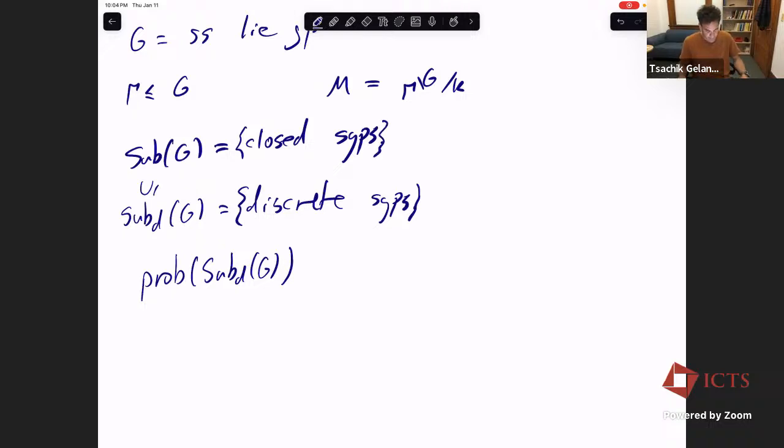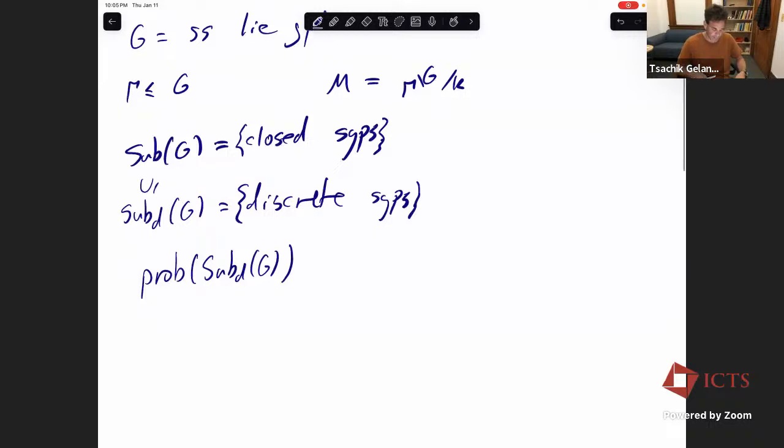And yeah, so somehow I will tell you a story consisting of several results. Each of them uses a more complicated probability measure.